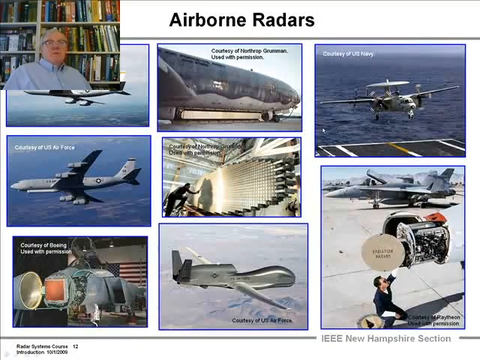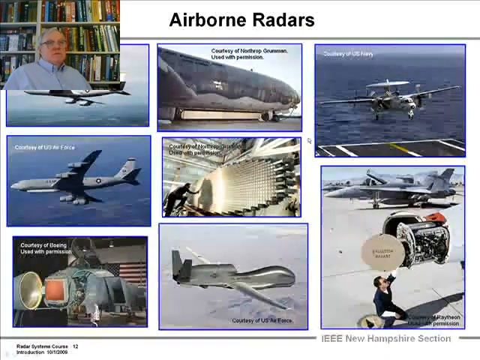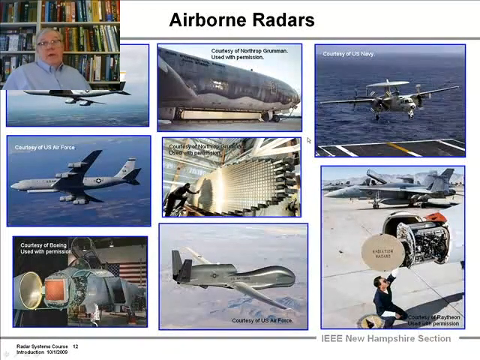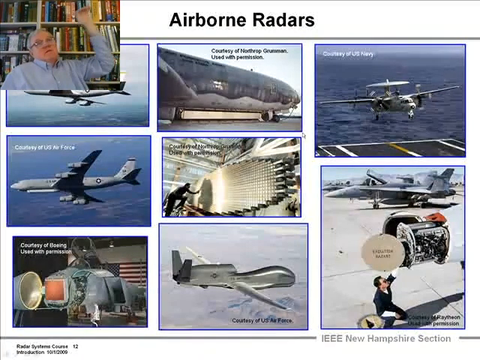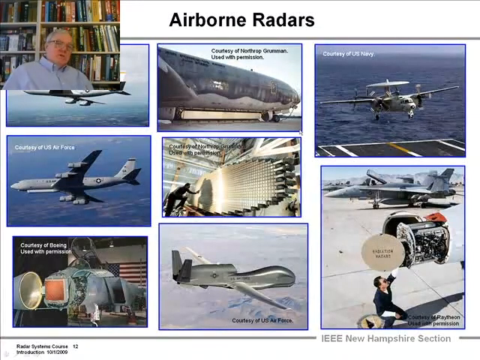Now we move on to airborne radars. You've always got the Earth is curved. We learned that, and since it's curved, you can't see out forever. You've got to get up high to see far away. And if you're on a ship, you've got a certain horizon. We'll get into the equations of how you figure out what your horizon is.